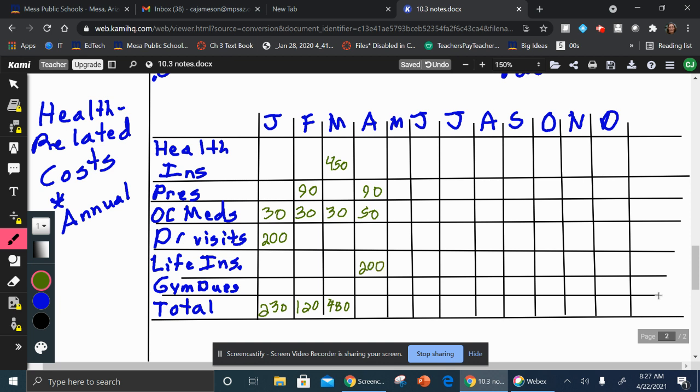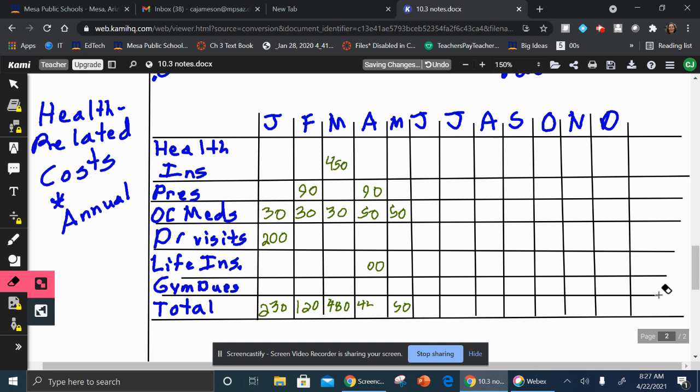And then in March, we did $50 for over-the-counter meds. So that would be $50. And then for April, the total would be $440.